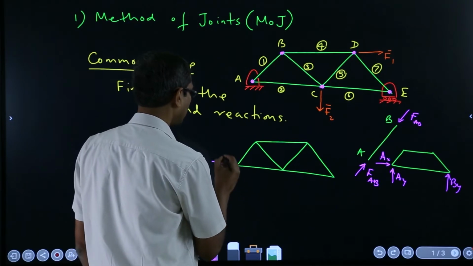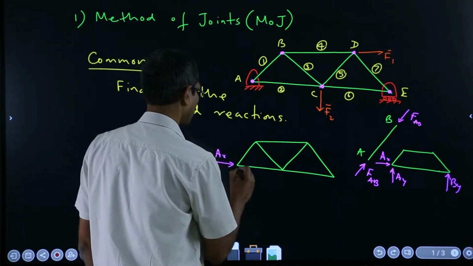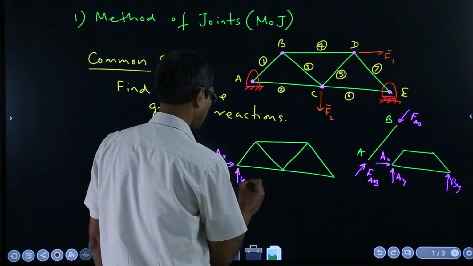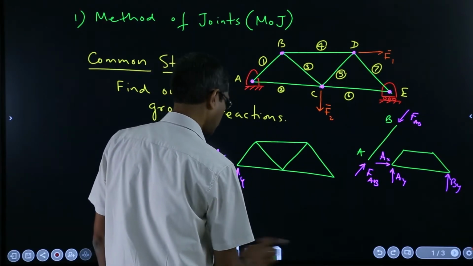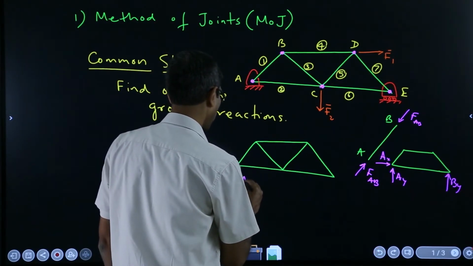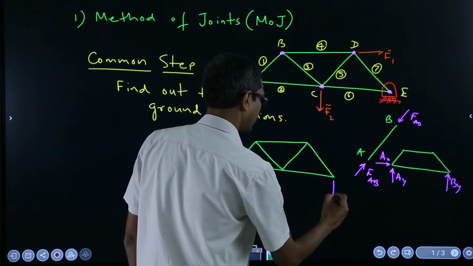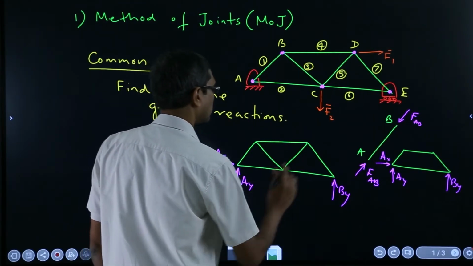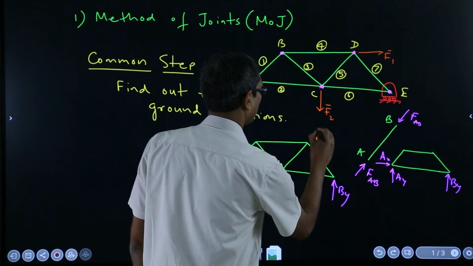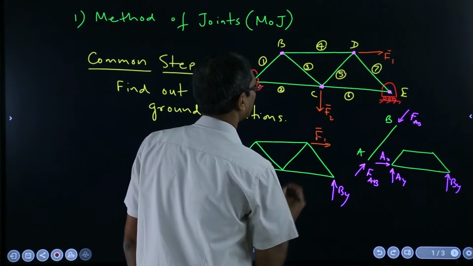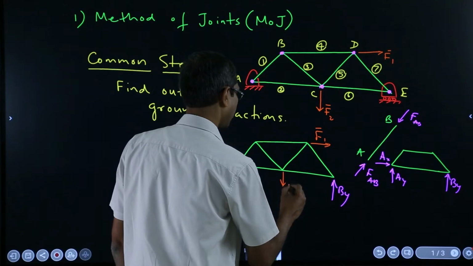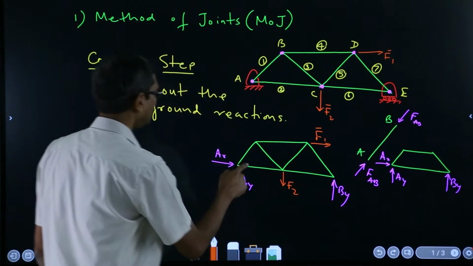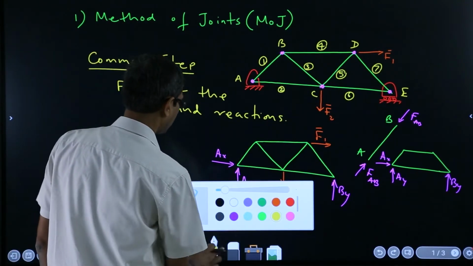Suppose the reaction forces are Ax, Ay, then here it's By, and then external loads are like this, F1 and here F2. So this I'll call step 1.